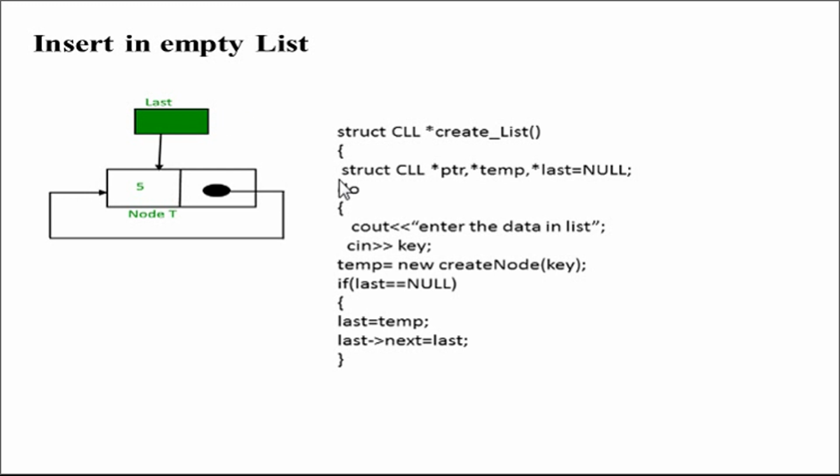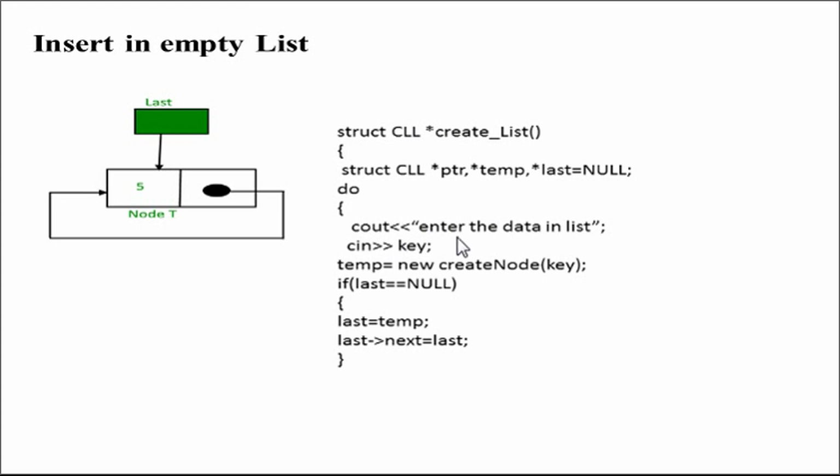Now how to insert that node? Here we are using a function called create list function. This function will return the address of the newly created list, and that will be the CLL type.